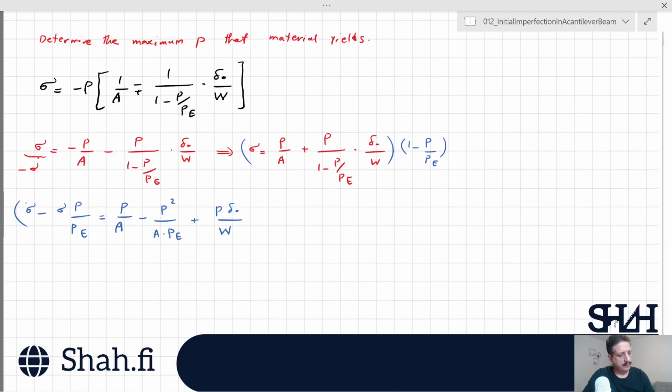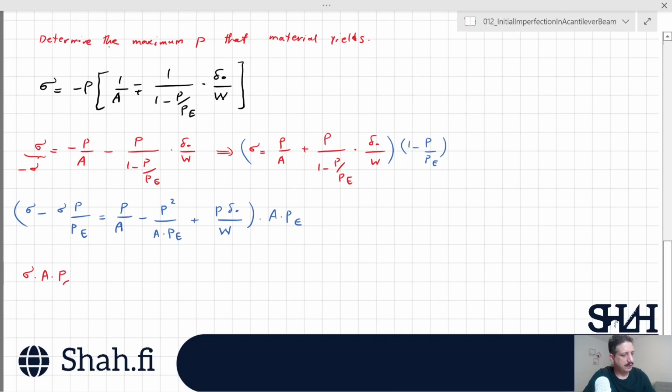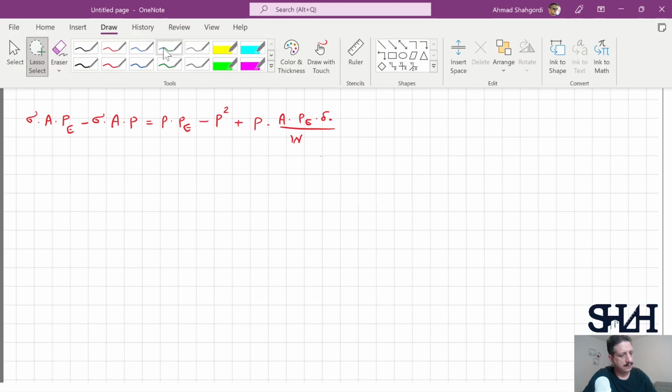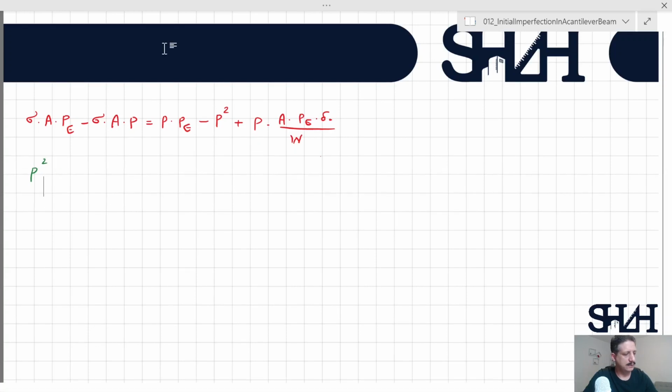And now I multiply this with A PE. We will have sigma A PE minus sigma A P equals P PE minus P squared plus P A PE delta 0 divided by W. Now I can write it in descending order, so it will be P squared plus or minus A times sigma minus PE minus A PE delta 0 divided by W, times P, plus sigma A PE equals 0.